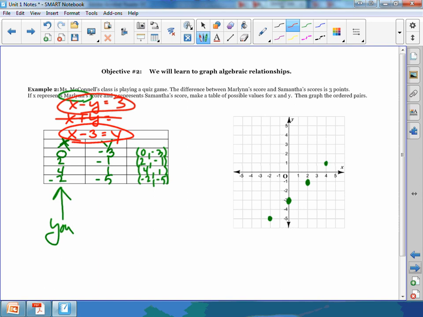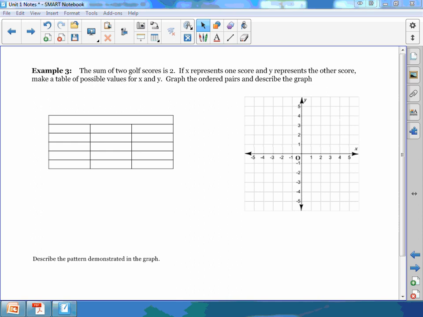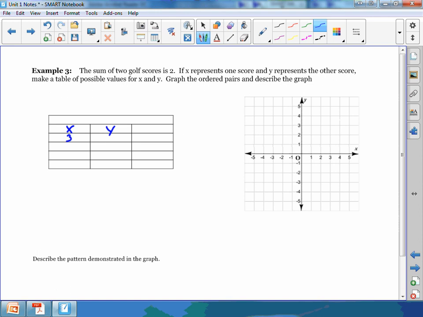All right, let's look at one more. Let's see if we can get another one here to get us started. Similar type problem, except this is 2 golf scores have a sum of 2. Remember, you picked the X values. So same type of graph. So let's say X maybe is 3, 2, 0, -1. I don't know, just picking some of those.